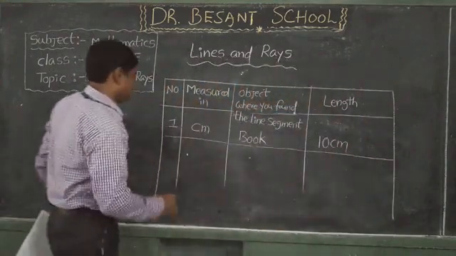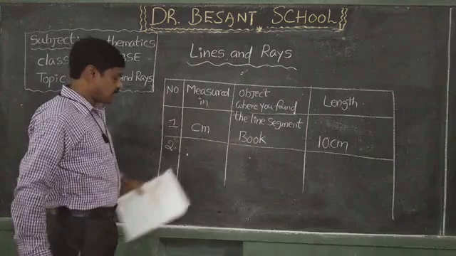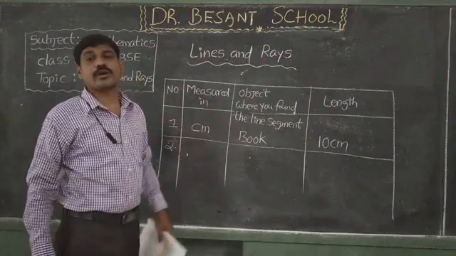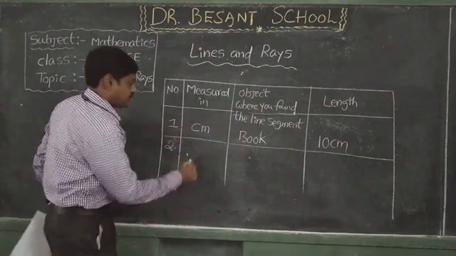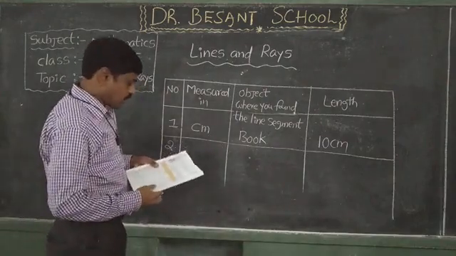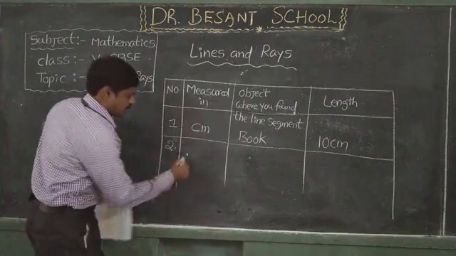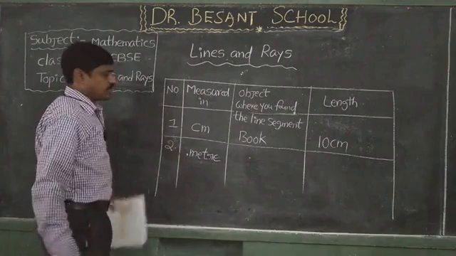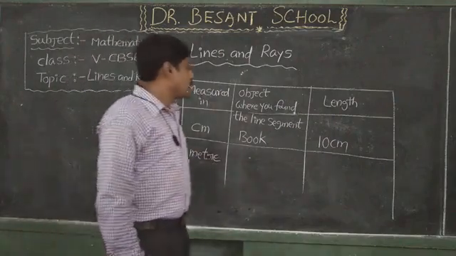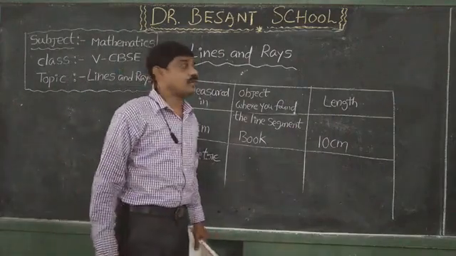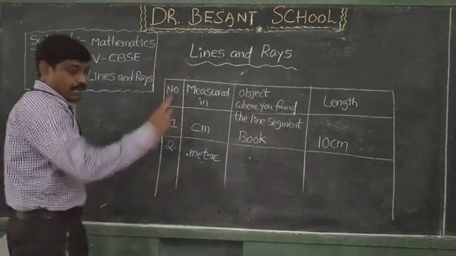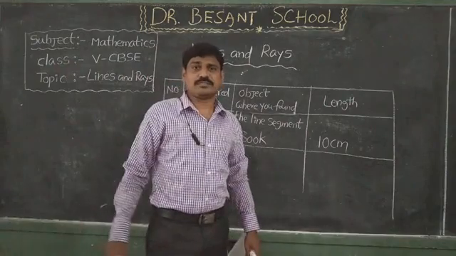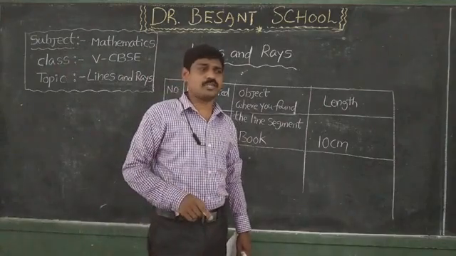Next, number 2, measured in meters. This time we continue in meters. Objects where you found the line segment: a table or a bench.